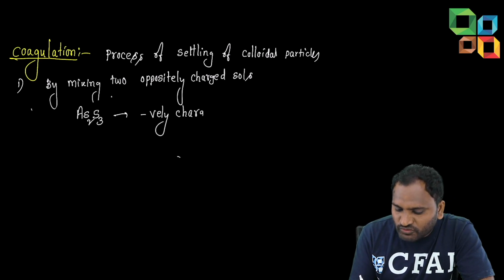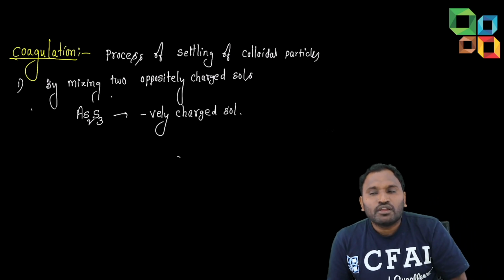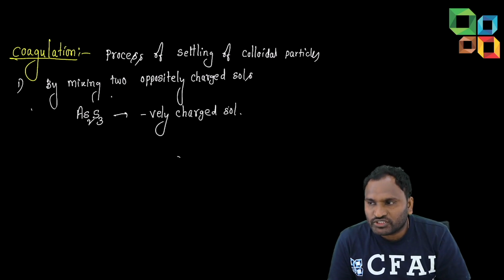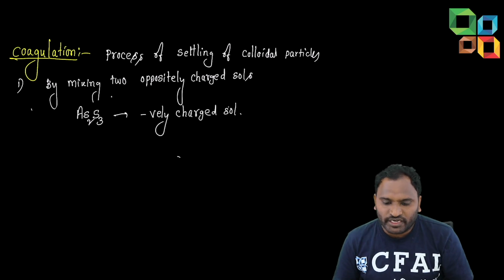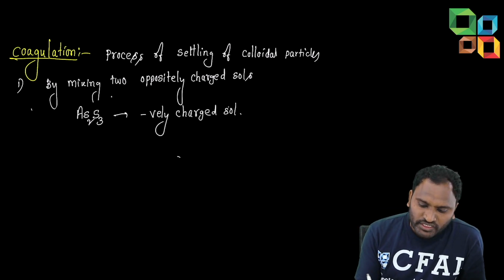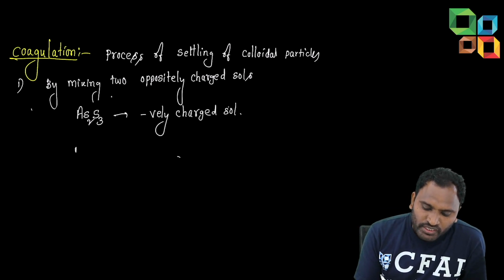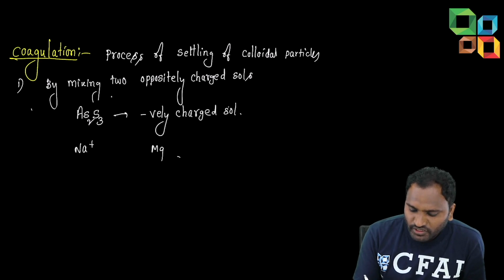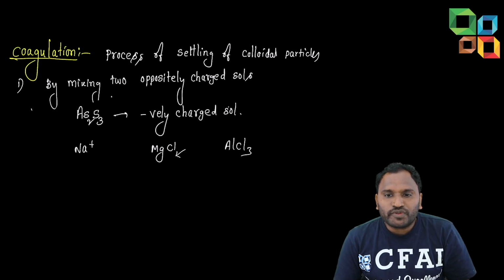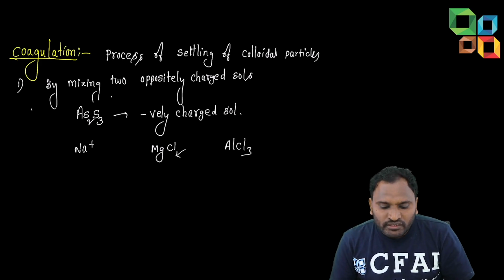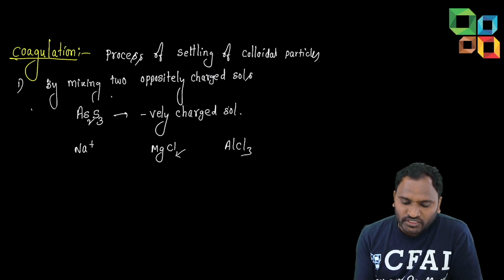To neutralize this, we have to add a positively charged salt, electrolyte, or ion. Suppose we add Na+ as NaCl, Mg2+ as MgCl2, or Al3+ as AlCl3. Which one can coagulate the above colloidal solution faster or more effectively?